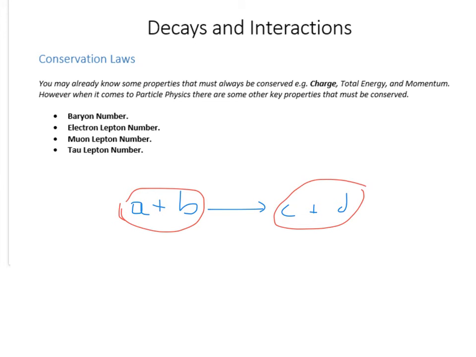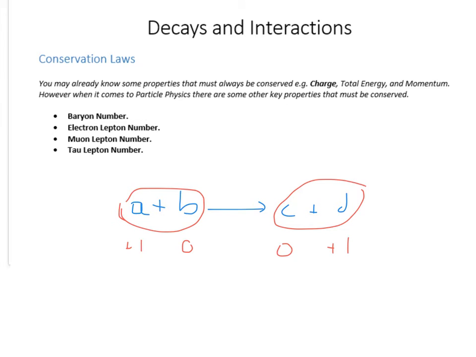So let's say A had a charge of +1, B has a charge of 0, and C has a charge of 0. In order to be conserved, D must have a charge of +1, so the total charge on both sides is the same, so it's been conserved.